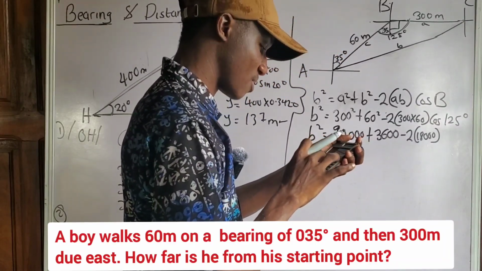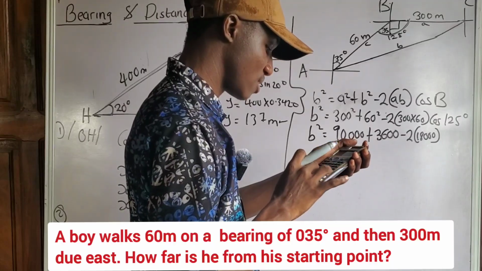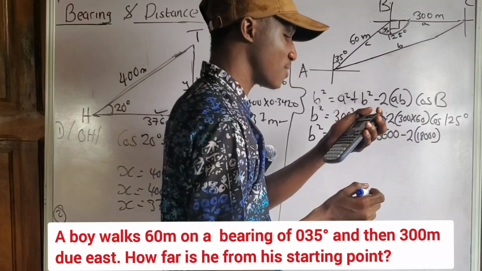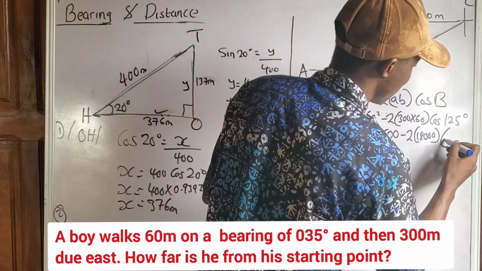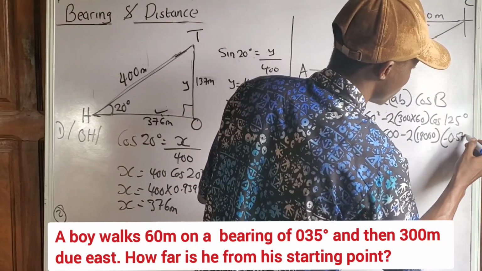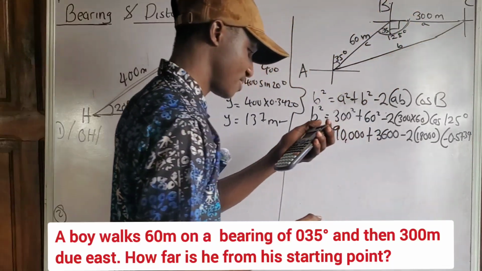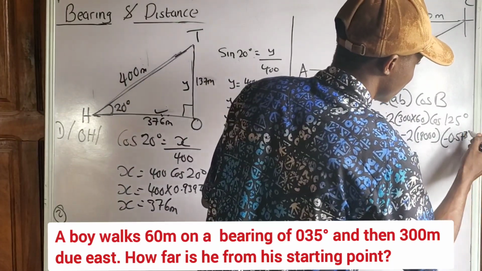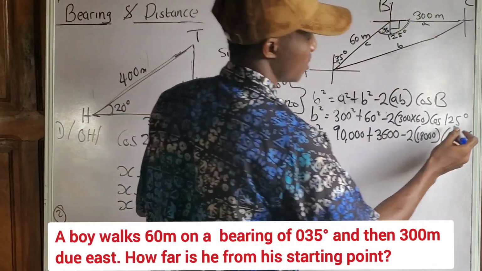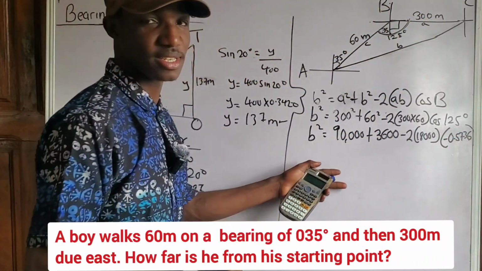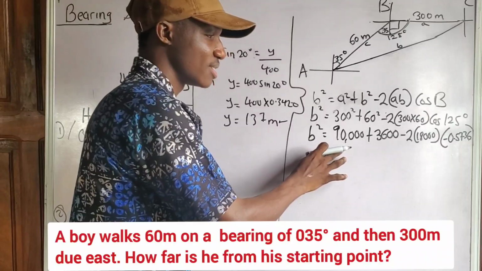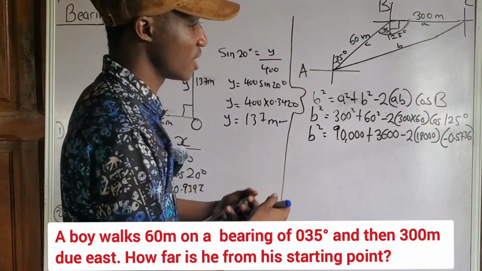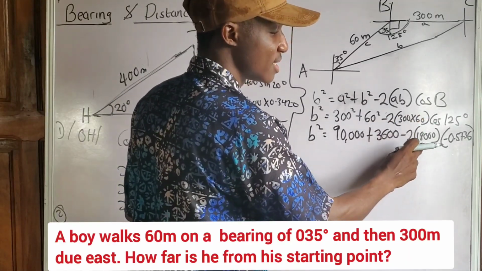Cos 125 is negative 0.5736. Do you understand this? 300 squared is 90,000. Are you getting it? And 60 squared is 3,600. 300 times 60 is 18,000.